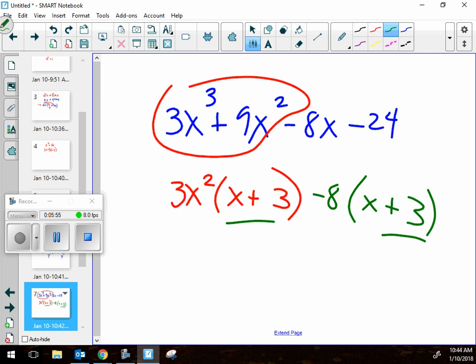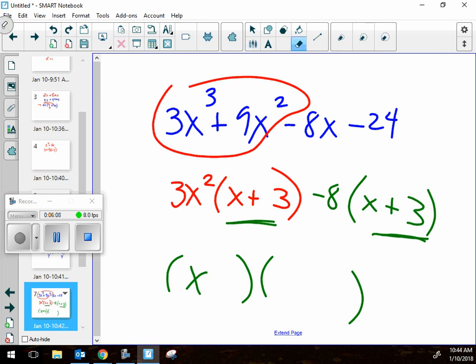Okay, and then if these are in both of them, they need to be factored out to the front. Technically, you can put it at the end if you want to, but normally when you factor things out, you put it at the front, right? And then, what's left? Oops, sorry. X plus 3, not x plus 4. There we go. And then 3x squared minus 8.